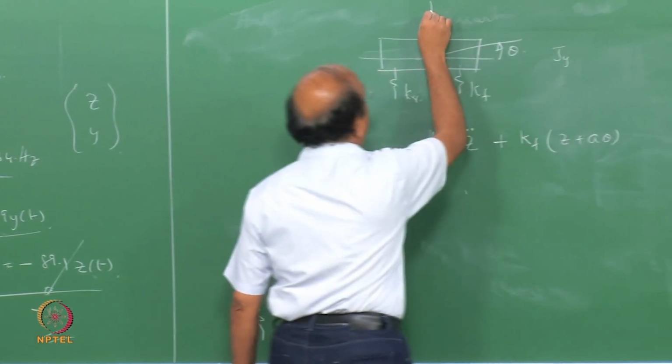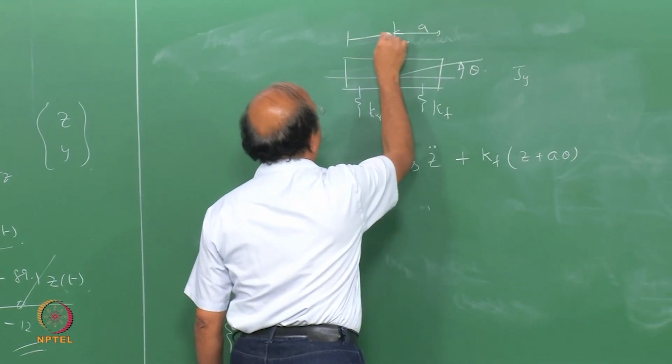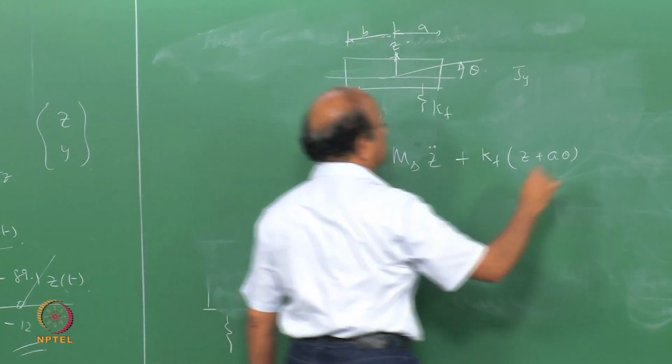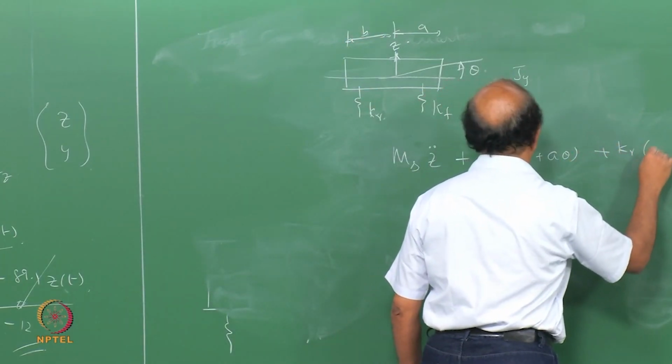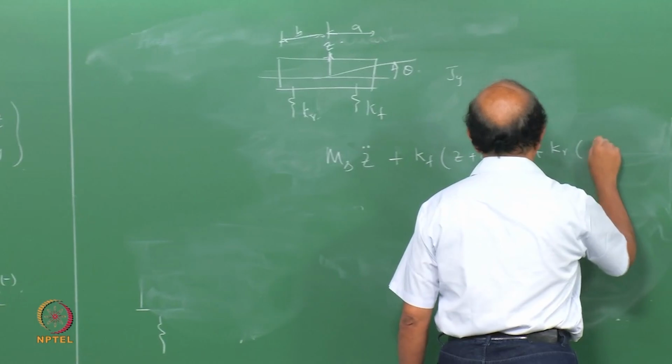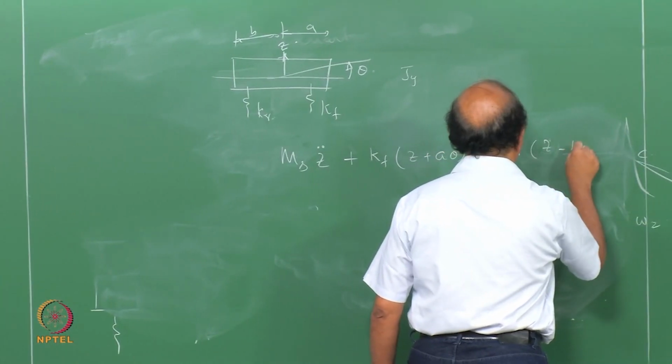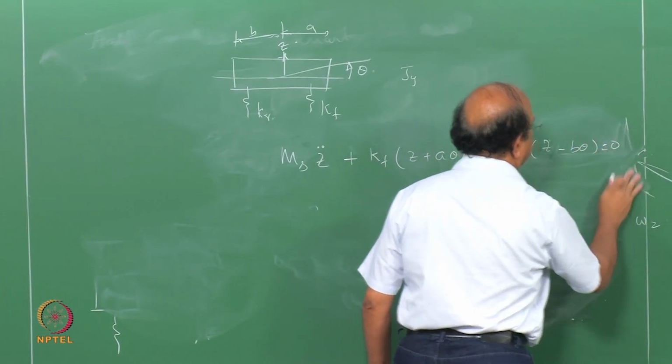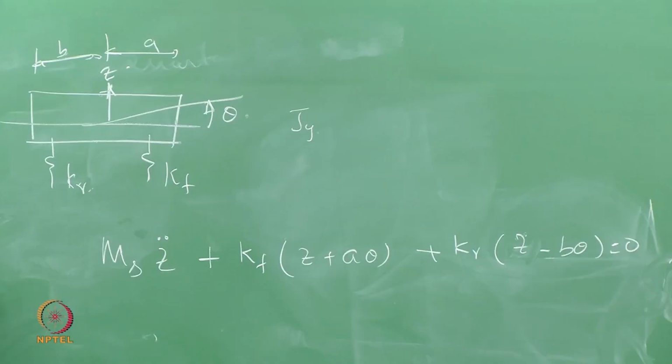A, of course, you know what is A. That's B. Plus KR into Z minus B theta is equal to 0. That's my first expression.